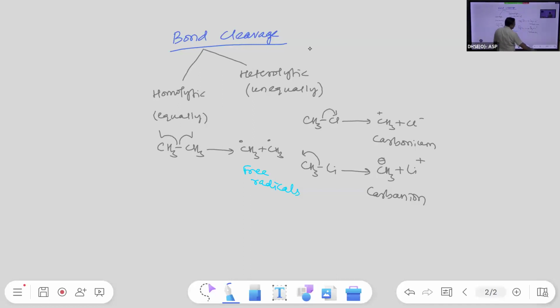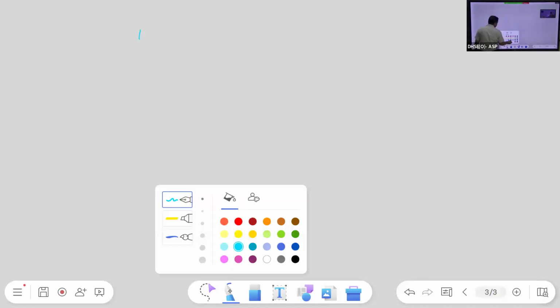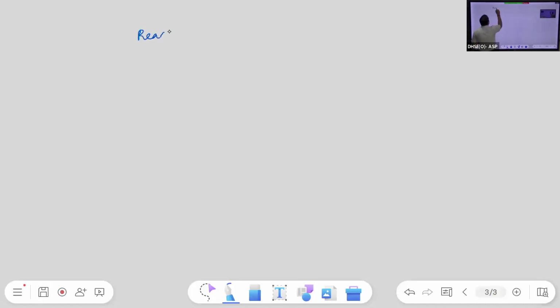Next is, what are the reactive intermediates? So what do you mean by reactive intermediate?